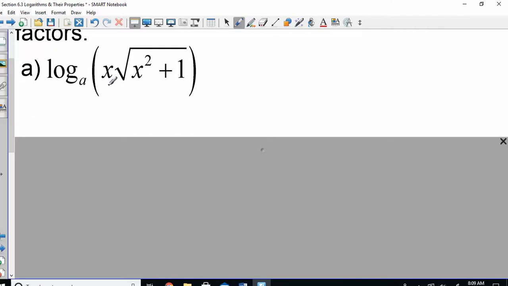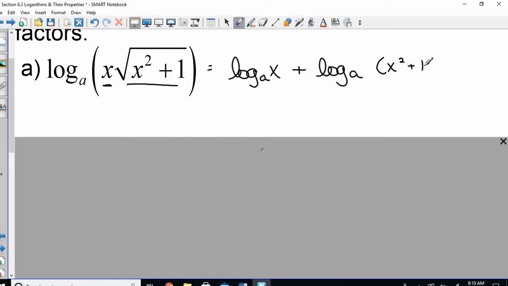First of all, you have two things being multiplied, x times that piece. How do we break apart multiplication? We add. It becomes log base a of x plus, you put the log with each one, log base a. If I wanted, instead of a square root, what power could I write?